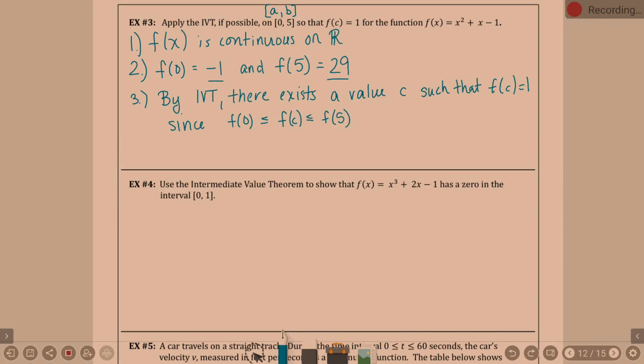Or you could also say it as -1 less than or equal to 1 less than or equal to 29, because those were the values we came up with. And I'm going to say on the interval 0 less than or equal to c less than or equal to 5. Okay? Those are some ways to do it. Stating that that value is between the other values is important there.